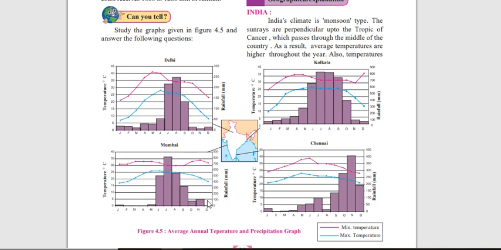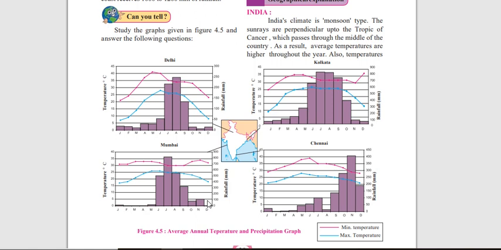Why? Most of India receives rainfall from the southwest monsoon winds, that is from June to September. But Chennai receives rainfall from the retreating monsoon also. So it rains from May to December in Chennai.